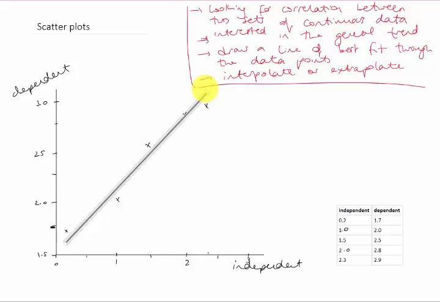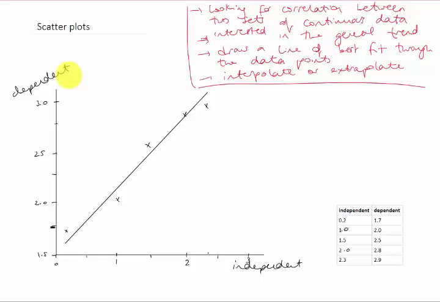Yeah, that looks pretty good to me. Something like that. Obviously you can't do a perfect job, we're just going by eye, but the point is that they're more or less in a straight line and there's a positive correlation between the two variables. As the independent variable increases, so does the dependent variable.